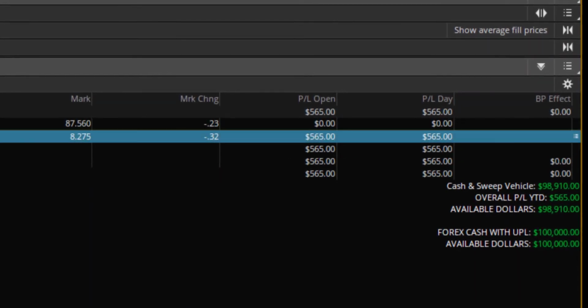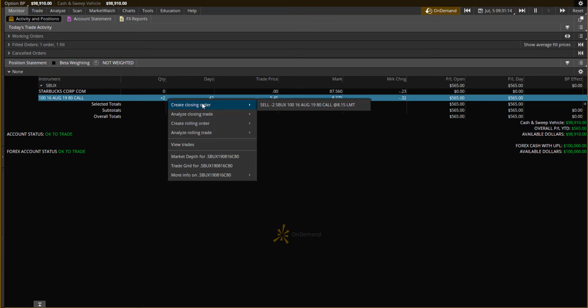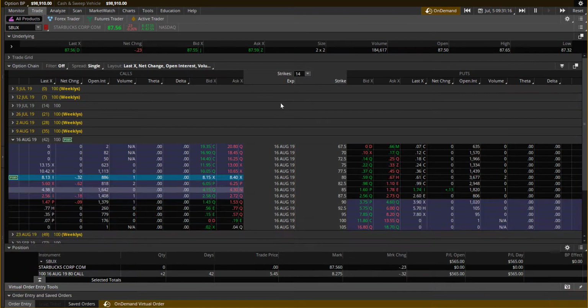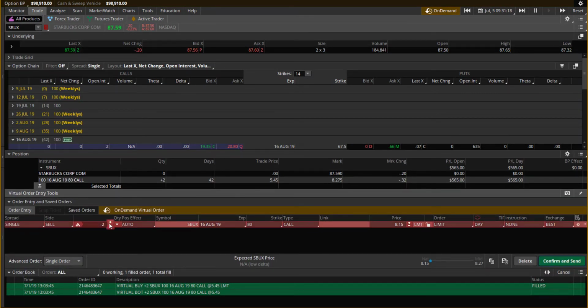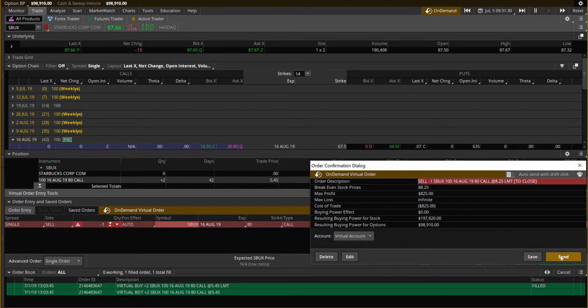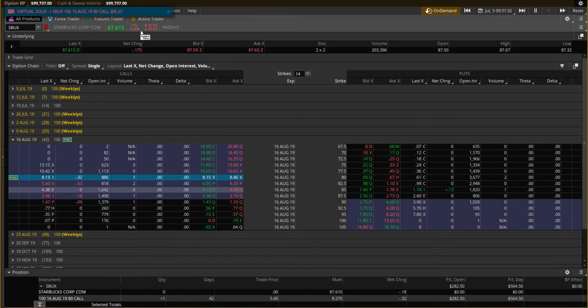So what we want to do right here, since we're at our target, is close half. So we actually want to sell 1. And the mid is right there. We'll go for 8.25. All right. Sold half at 8.27.